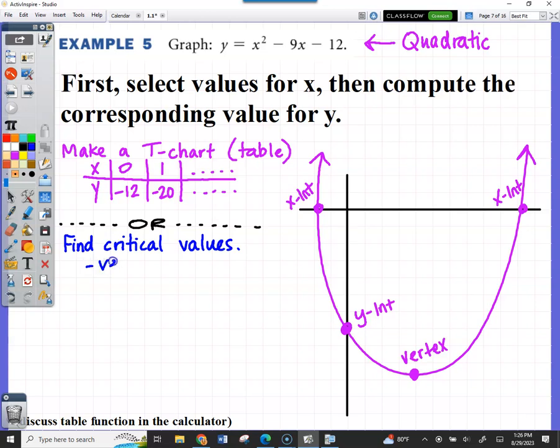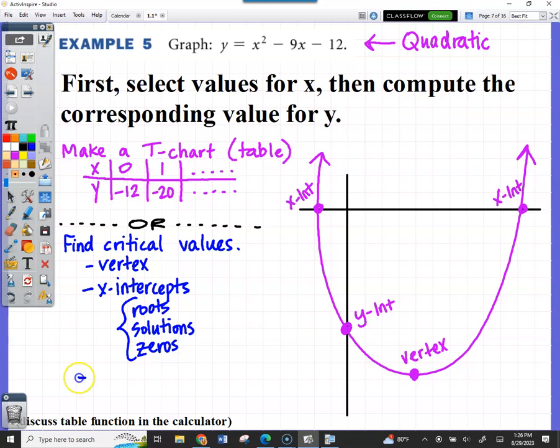Well, first, the vertex. Then you've got the x-intercepts. Which, by the way, are also called the roots, solutions, and zeros of the graph. Or you have the y-intercept.